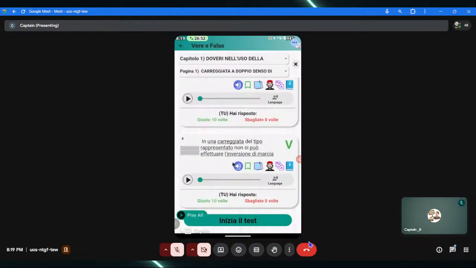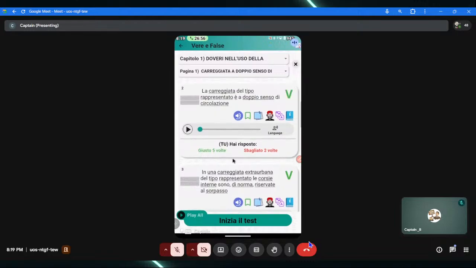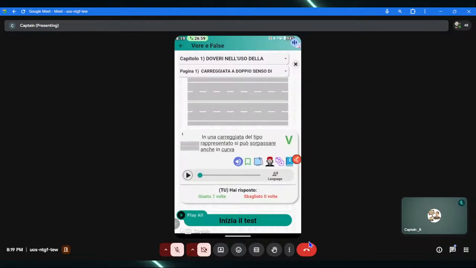If all cars are going in one direction, how can you then carry out a U-turn? You can't. Let's assume all the cars are going in this direction. We know that this lane is made for what? Overtaking, like this. Right? So, can you now do a U-turn like this?